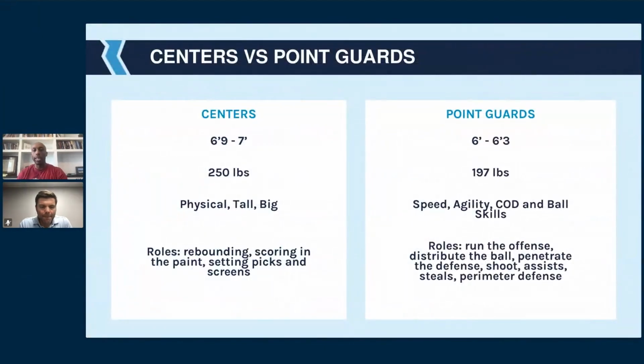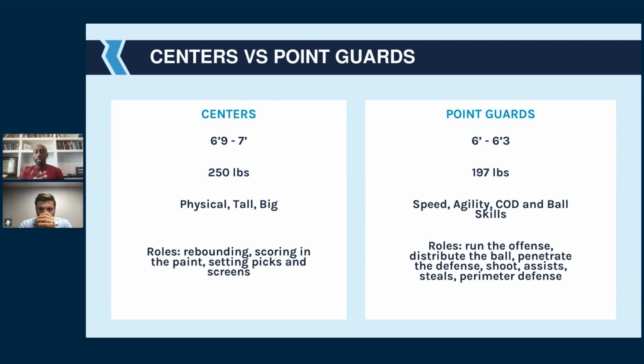To keep it very simple, just think of centers as the ones that play a little bit more in the paint, your rebounders playing with their back against the basket. Nowadays, they're facing up a little bit more, but ultimately, they're going to be the tallest and the biggest players on the court, for the most part.